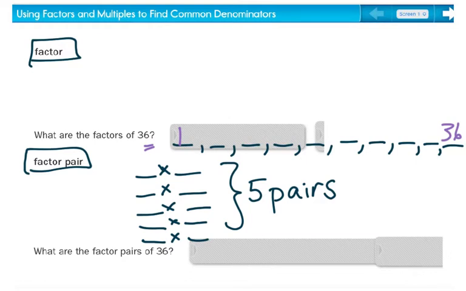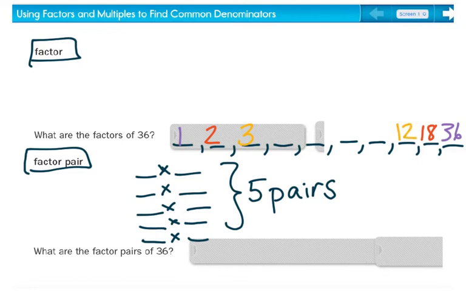Pause your video. Well, remember, a number is a factor of another number if it divides the other number evenly without a remainder. So I know 2 because it ends in an even number. 2 times 18. 3 times 12.